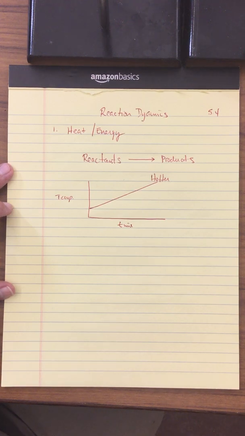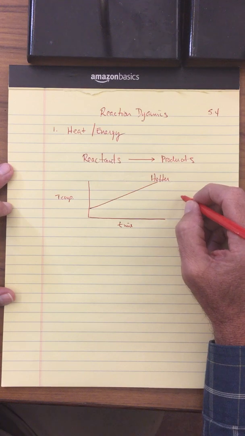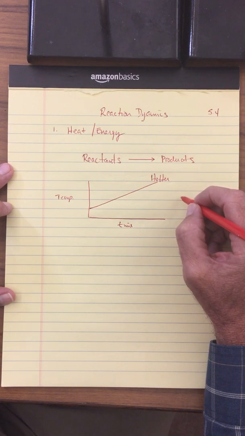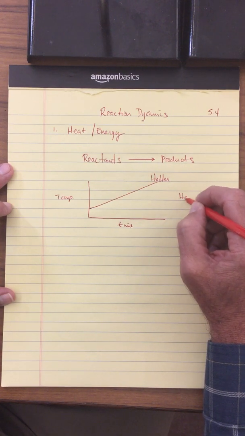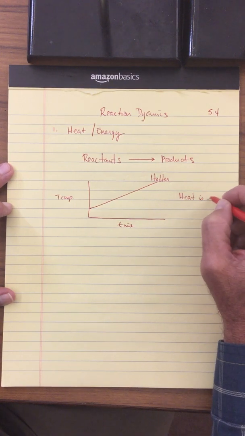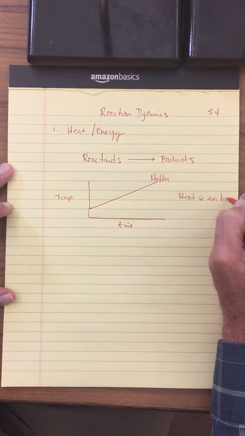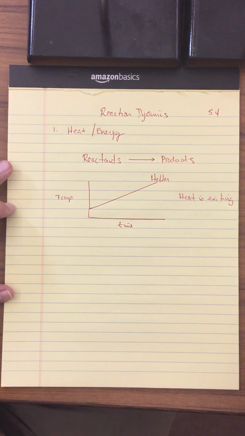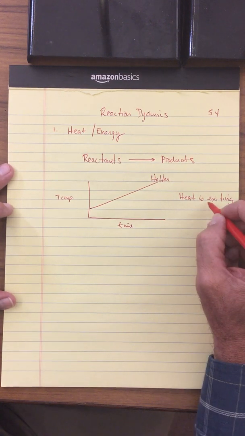The heat is coming from the reaction and it's going into your hand. So in this type of reaction, the heat is exiting. The heat is exiting, and since it's exiting, it's called an exothermic reaction.